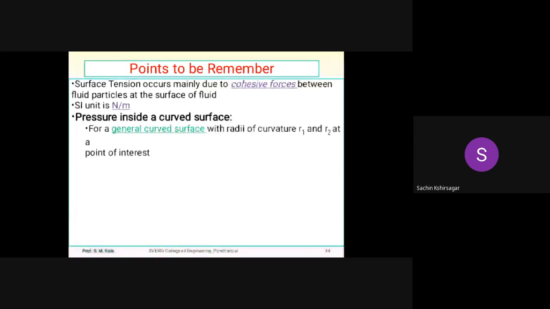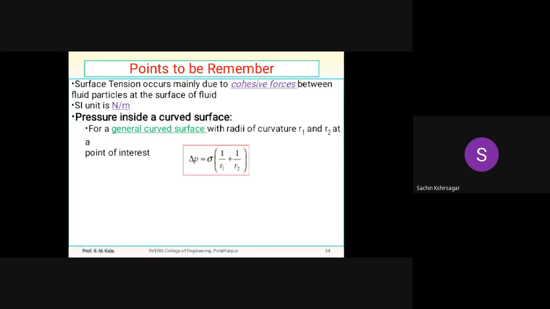Then, related to the pressure inside a curved surface. First, if you want to calculate the pressure force acting on a general curved surface, which has radii of curvature R1 and R2, then the value of pressure, delta P, acting on that general curved surface will be delta P is equal to sigma into 1 upon R1 plus 1 upon R2.